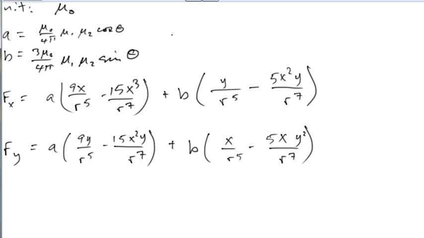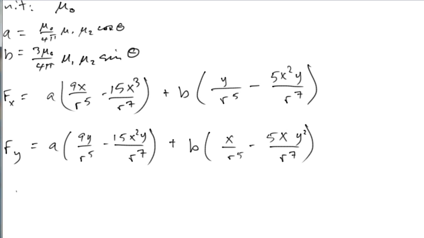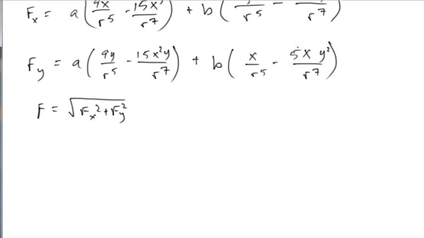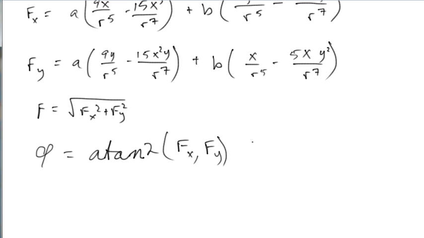Then calculate f equals square root of fx squared plus fy squared. And phi, I think I'll call it. Phi is equal to atan2 of fx comma fy, I think times 180 degrees over pi.